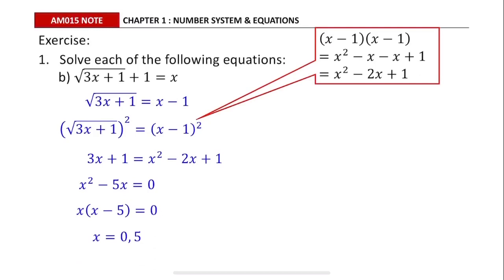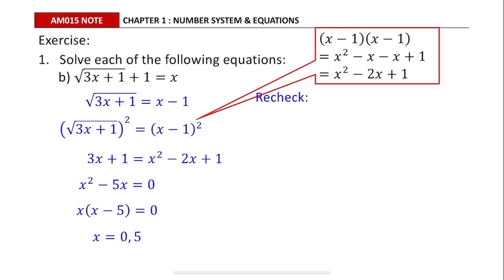After we get the answer, don't forget to always check whether it is true or not. This time we have two values of x, so it is better to use a table to compare the values on the left hand side and right hand side.